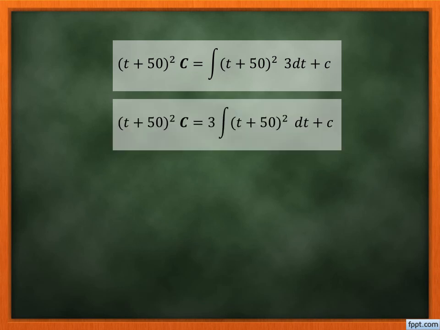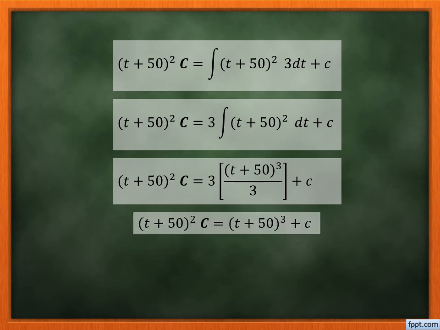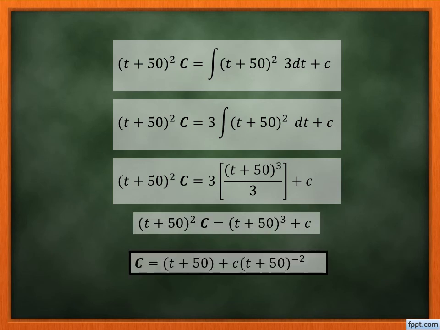So we will have this equation, and then solving, we can use the power rule in the integration of the equation, and that will give us this equation. And then simplifying, we will have that our C is equal to the quantity of T plus 50 plus c times T plus 50 raised to negative 2. So this is the general solution for the given problem.